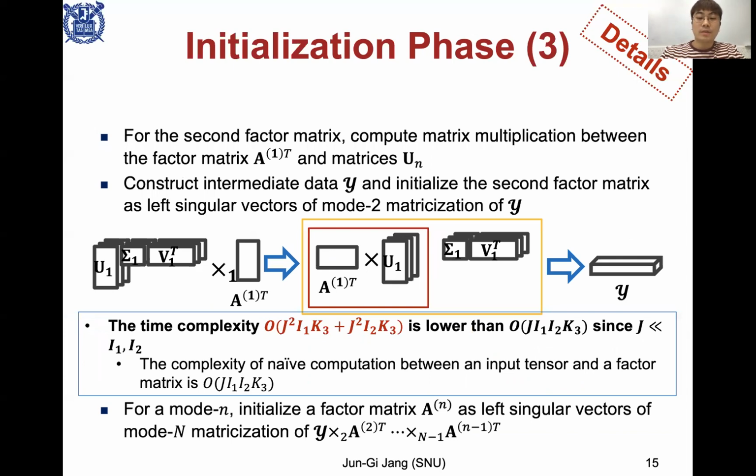For the second factor matrix, D-Tucker computes matrix multiplication between the first factor matrix and the left singular vector matrices of the SVD results. Then D-Tucker constructs intermediate data Y and initializes the second factor matrix as the left singular vectors of the mode-2 matricization of Y.